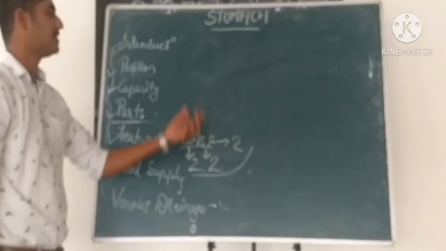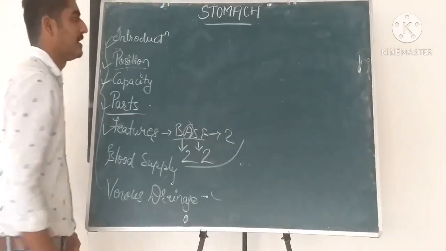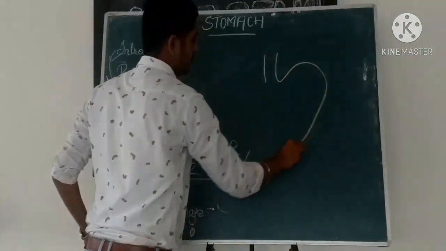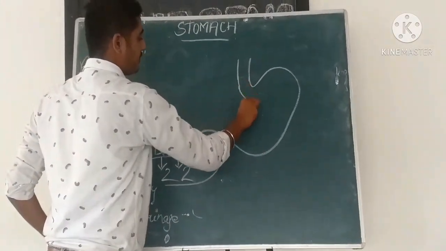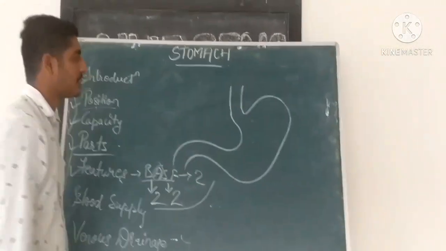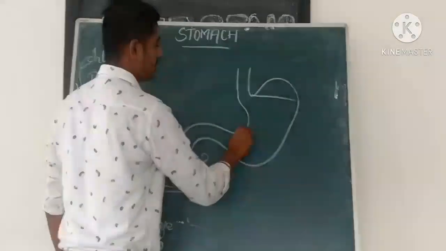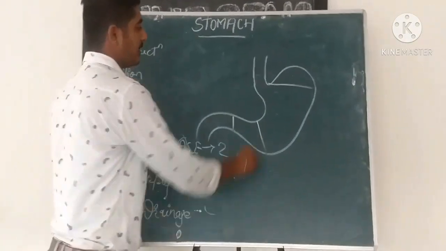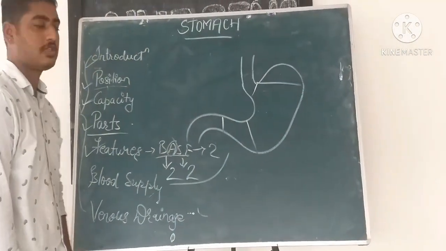These features we are going to add in the diagram now. So this is your stomach. This is your fundus, this is your body, this is your pyloric antrum, this is your cardiac notch.